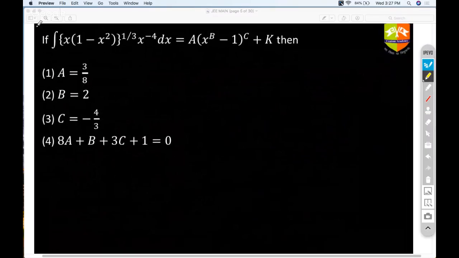Question number 5. If integral of x times 1 minus x squared to the power of 1/3 into x to the power minus 4 dx is a times x to the power b minus 1 whole to the power c plus k, then which of the following options is correct?